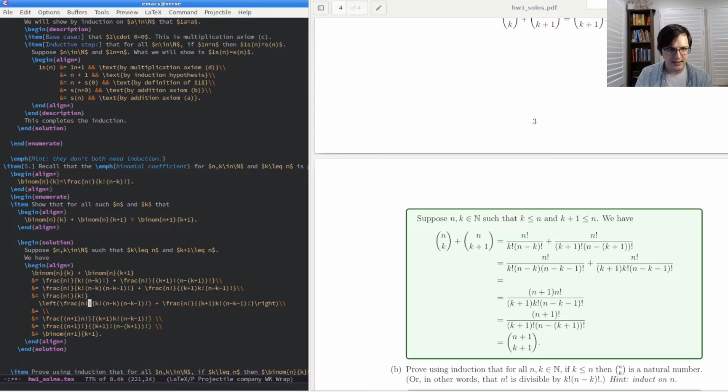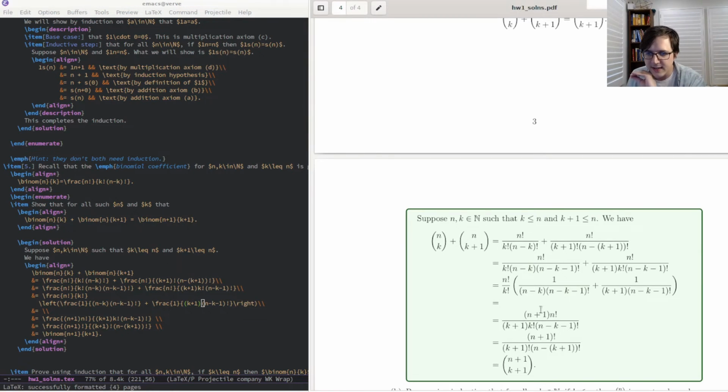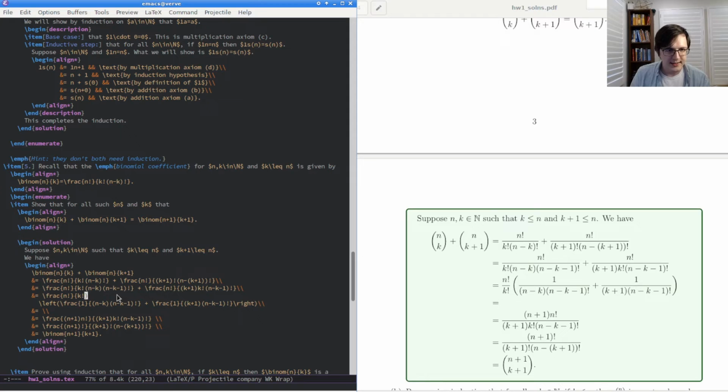Okay, so I factored out the n factorial and the k factorial. Okay, so that's been factored out. Oh, and also the n minus k minus 1 factorial. I should have noticed that.